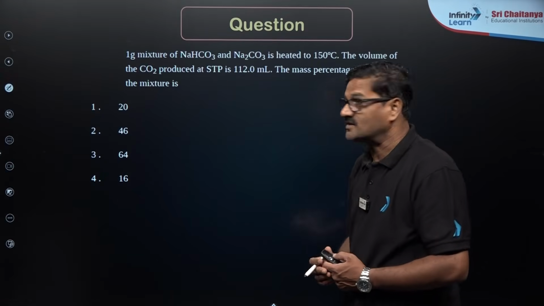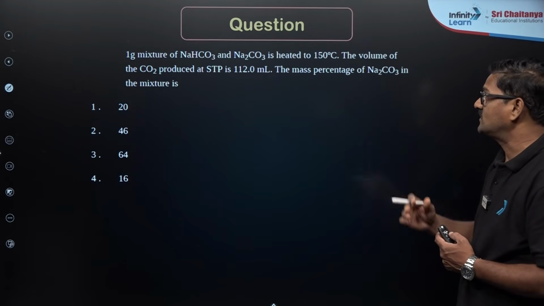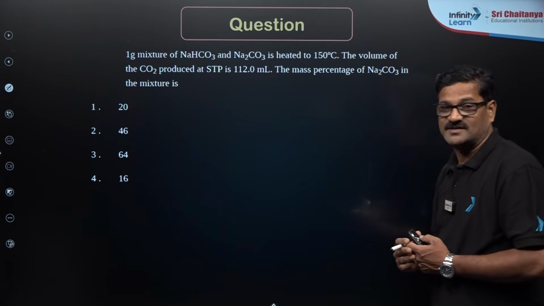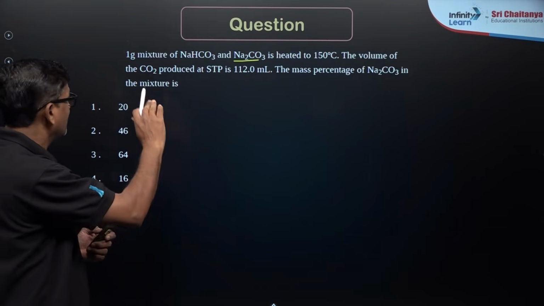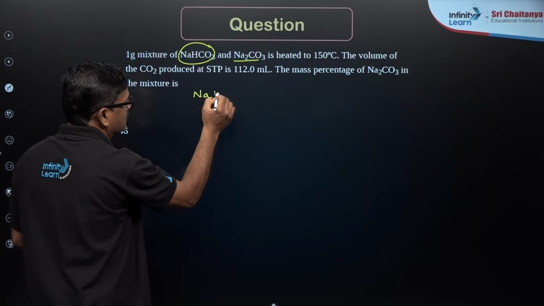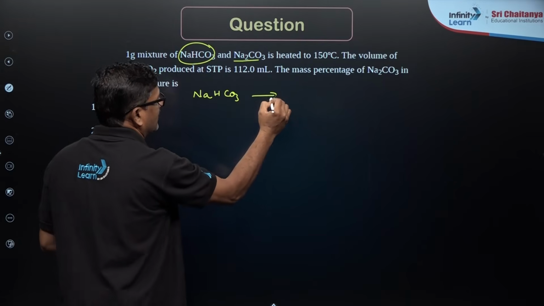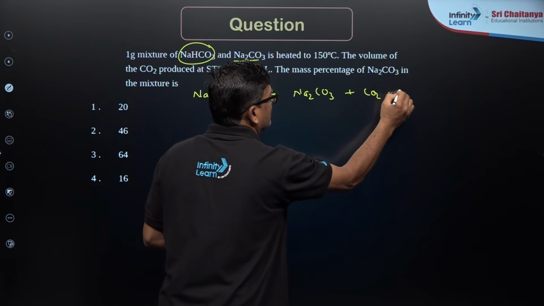Students, this question is asking about 1 gram mixture of NaHCO3 and Na2CO3 is heated at 150 degrees centigrade. Na2CO3 does not decompose, NaHCO3 only decomposes. NaHCO3 on decomposition gives rise Na2CO3 plus CO2 plus H2O.